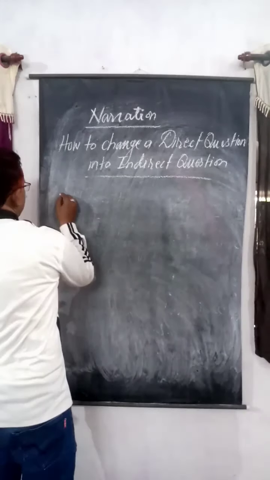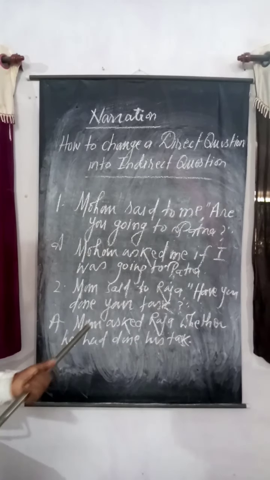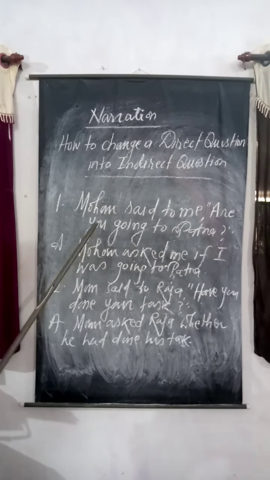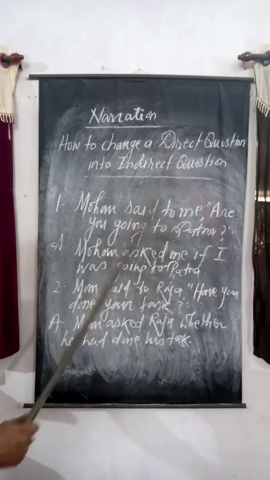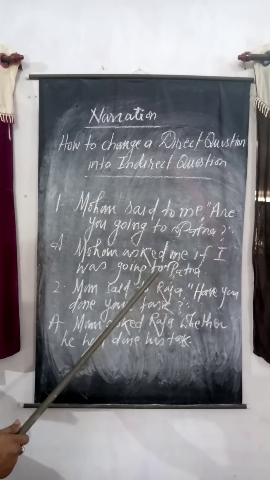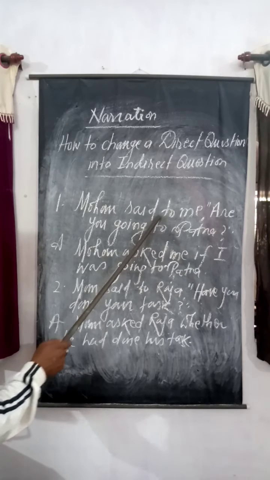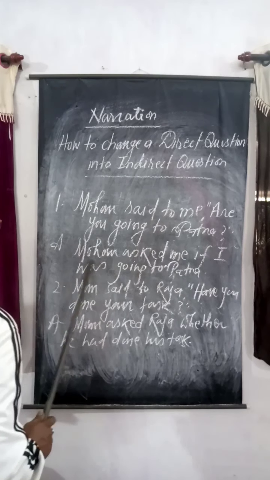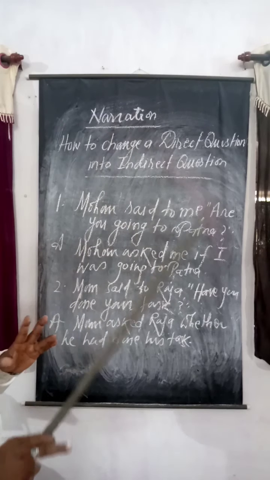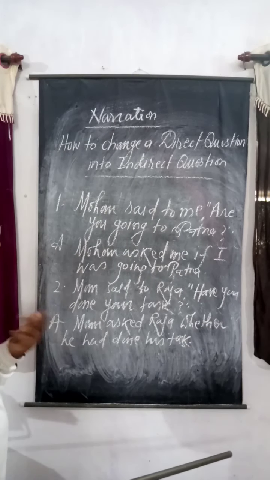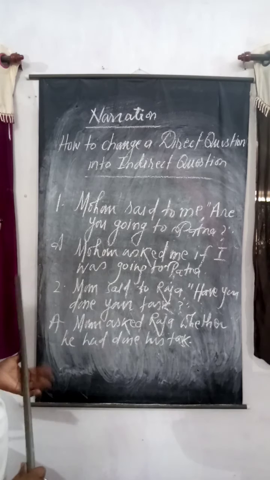I am giving some examples. Once again, look at the examples. You can see here, Mohan said to me, "Are you going to Patna?" This is an example of a yes no question, and in the answer to this question, we can see Mohan asked. The rule, more or less, is the same as it was in WH questions.